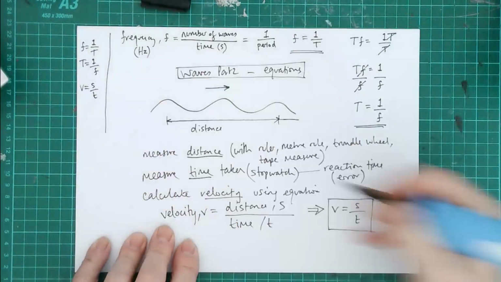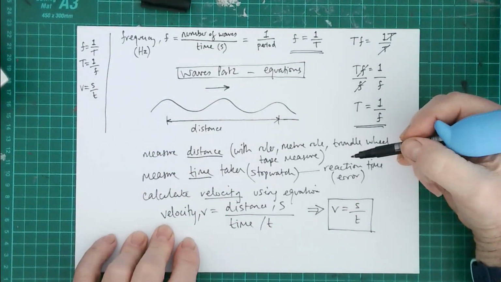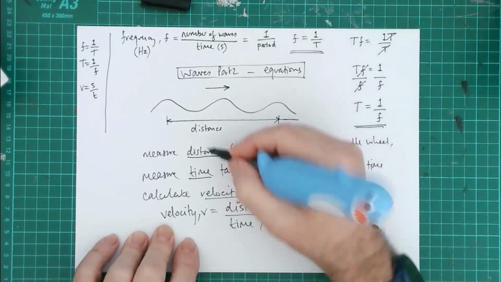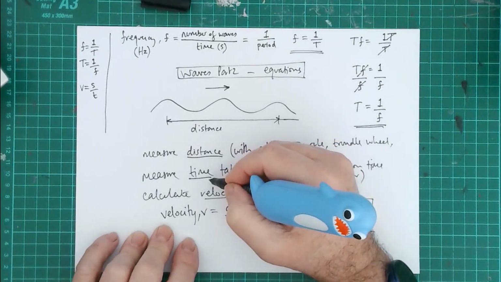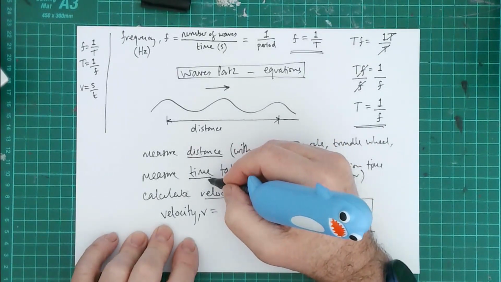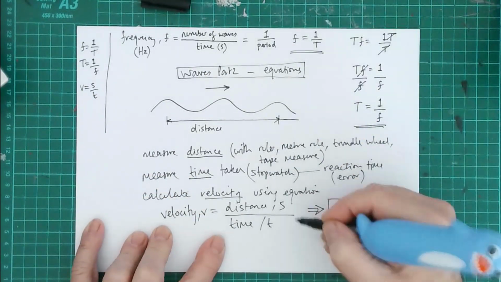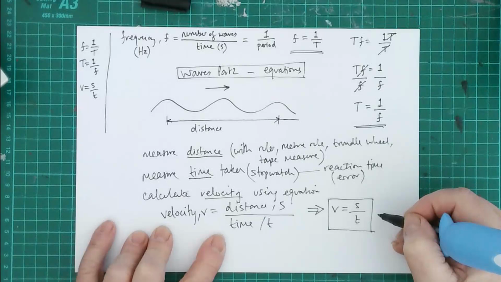When you identify your quantities in a question, if you've got distance and you've got time and you're talking about wave speed, then we are just going to use velocity equals distance divided by time. If those are the quantities given, we can calculate the velocity of a wave.